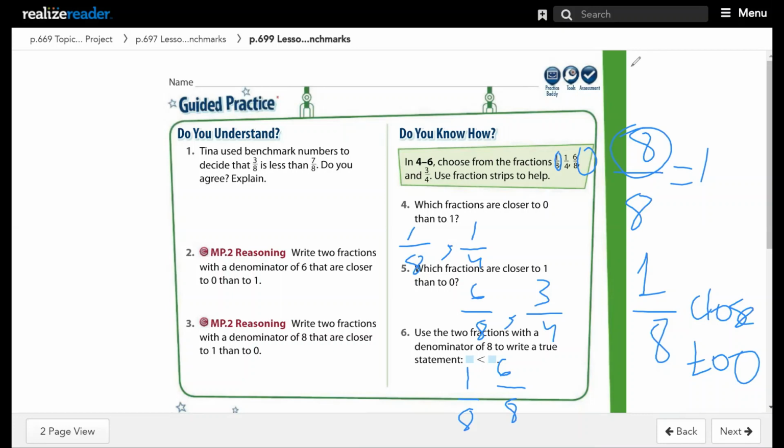I will use the benchmark half, and compare both fractions to half to see which one is greater. 3/4 is greater than half. 3/6, what is the half of 6? It is 3, so 3/6 equals half, while 3/4 is greater than half, so 3/4 is greater than 3/6.